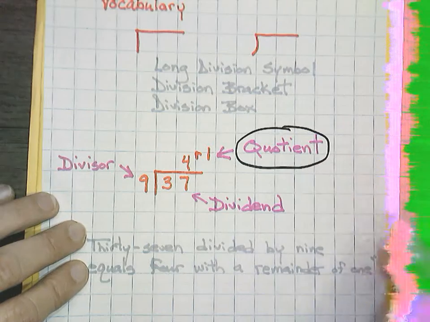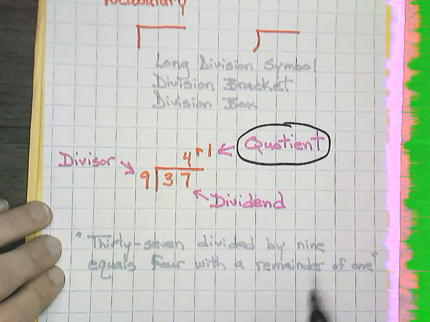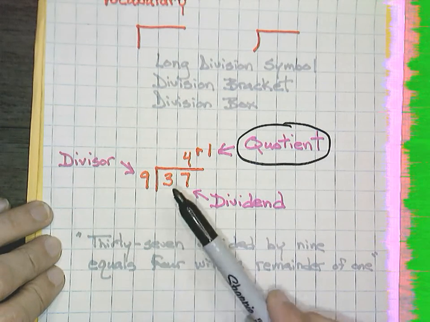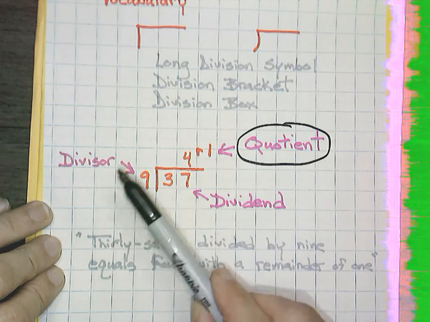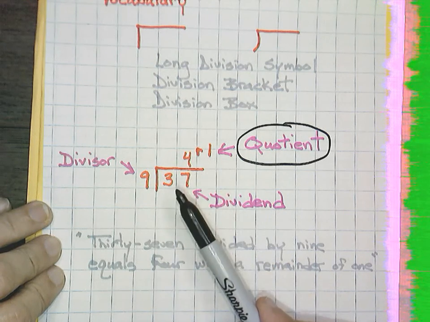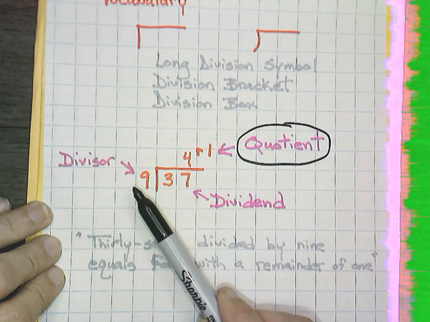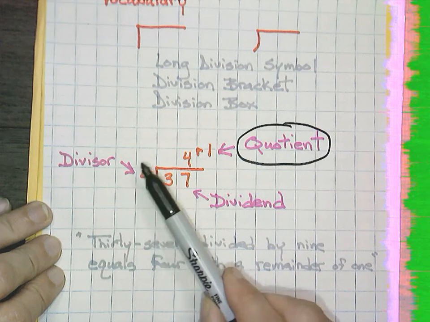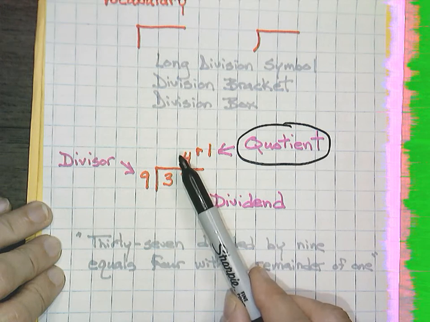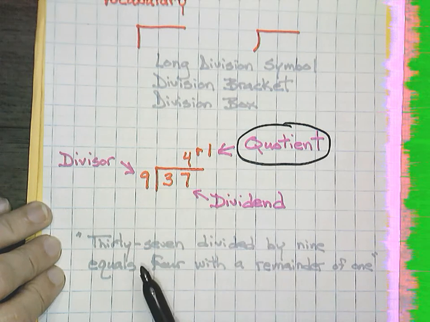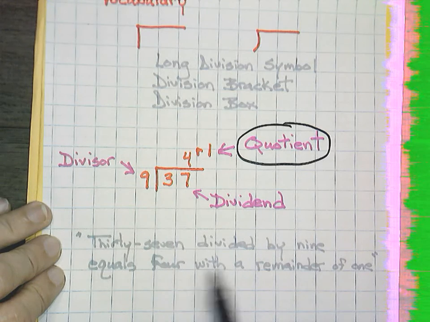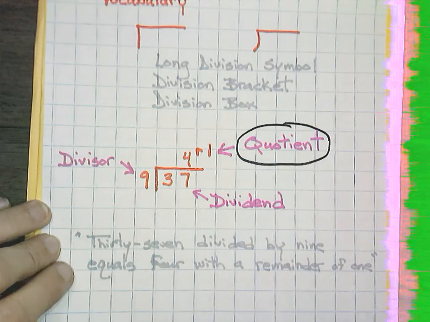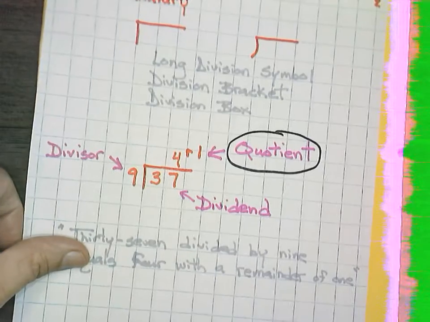That's probably the one that we're going to focus on more in the next few lessons. You would read this problem starting with your dividend and going in a clockwise motion: 37 divided by 9 is equal to 4 with a remainder of 1.